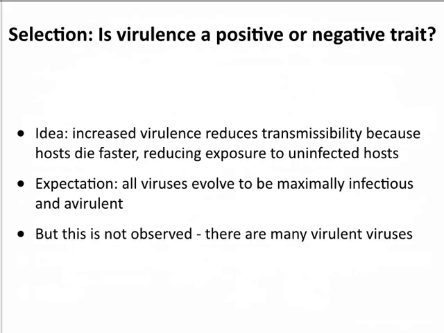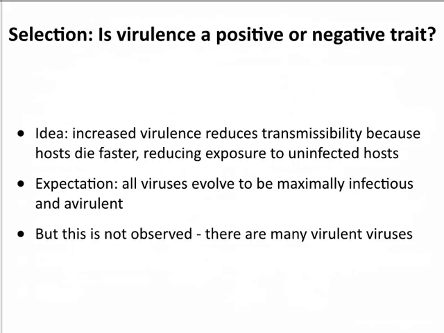So selection, now you understand selection of mutations under different conditions. You can select for virulence or avirulence, as we've talked about before. So the interesting question that arises is, is virulence a positive or negative trait for selection? So in other words, you would think that most viruses would evolve to be maximally transmissible and minimally virulent, right?